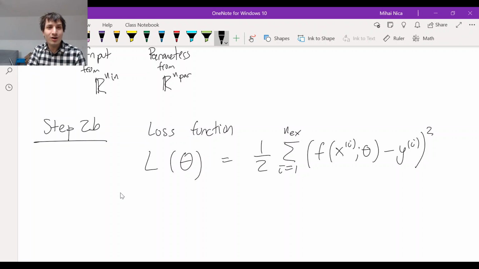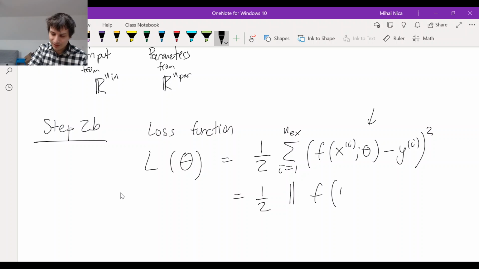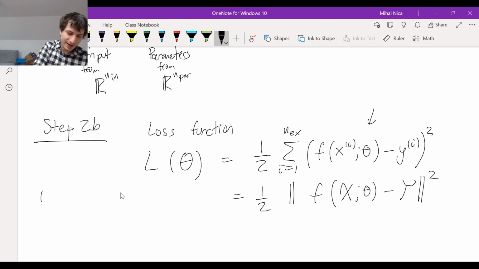I'll say one other thing. You can also write it as a vector. So 1/2, and you can write it as a norm like this: X theta minus y, squared, where X is a number of examples by input dimension matrix, where you just stack all the examples together.